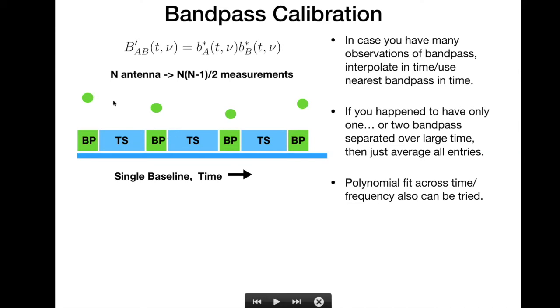Or you can also try to use this bandpass for half of the target source, and this bandpass for the other half. That is what is called the nearest time approach. So if your target source observation is nearest to one of the bandpass, you use that. Okay. And you have to really play with your data and apply these different methods to see which one gives you the best result. Okay.